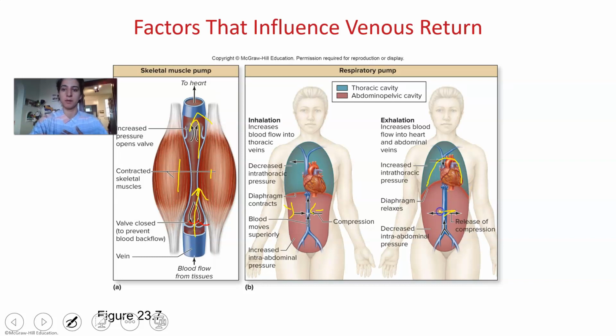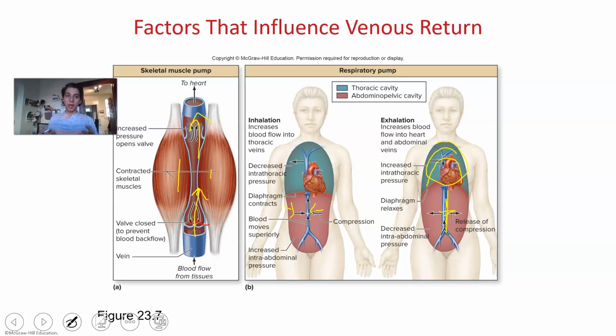You release the compression in the abdominal pelvic cavity, and you increase the pressure in the thoracic cavity, causing compression on the inferior and superior vena cava and all of the veins leading back to the heart. All right, so you inhale, push blood up from the abdominal pelvic cavity into the thoracic cavity. Then you exhale and push blood from the thoracic cavity back to the heart.